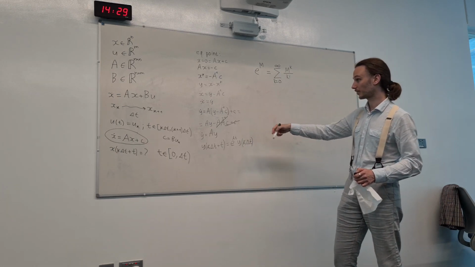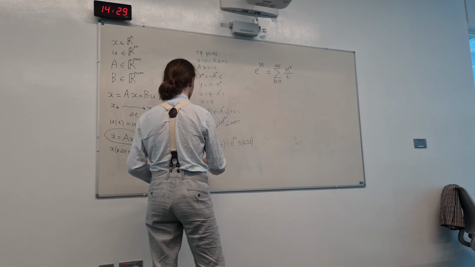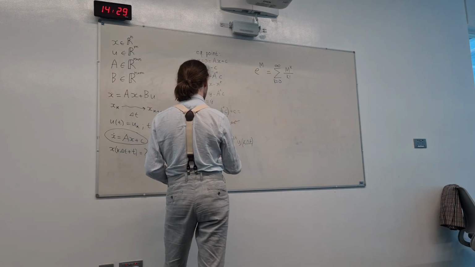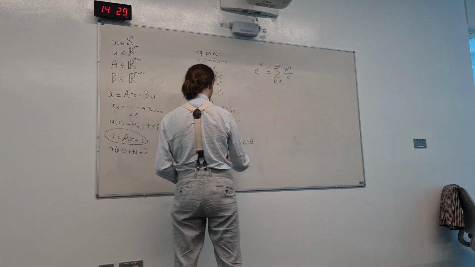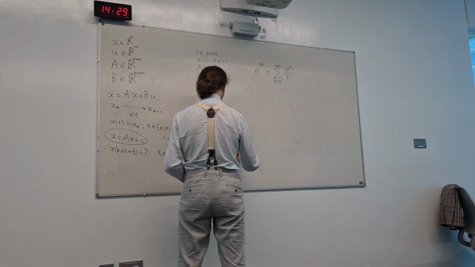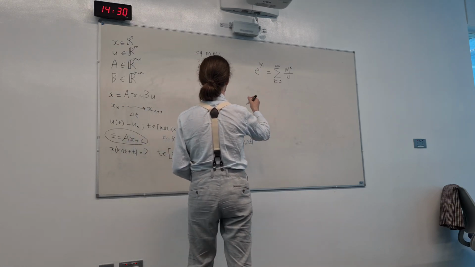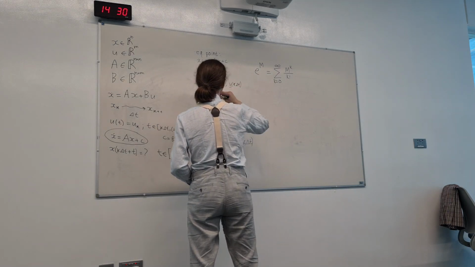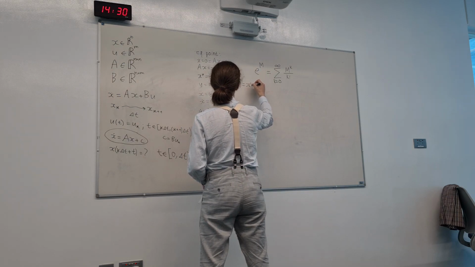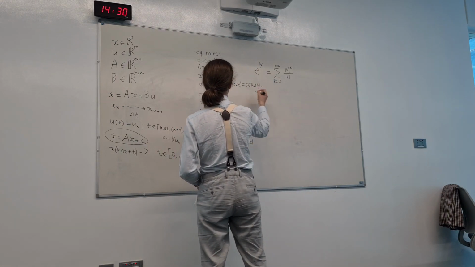And now we can get back to the x, which will give us the following. Well, what is y at k delta t equal to? Y at k delta t is equal to x at k delta t minus A inverse c, so like this.